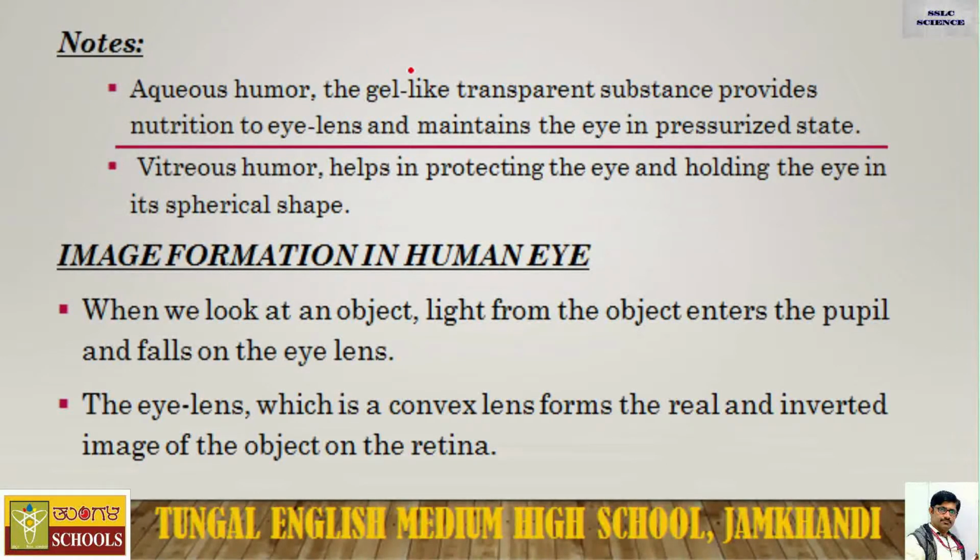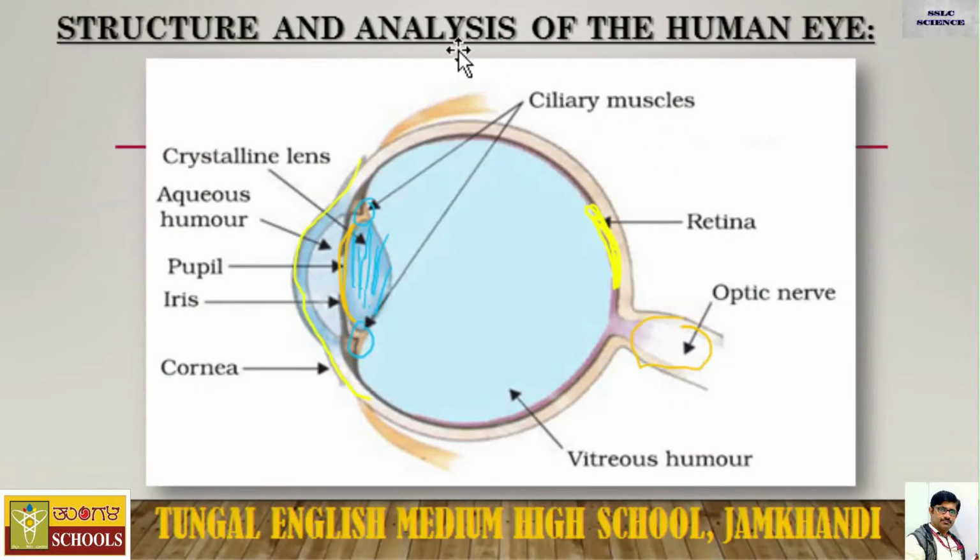It's a gel-like transparent substance, providing nutrition to the eye lens as well as maintaining the eye in a pressurized state. It helps the eye to maintain the pressure, and it gives nutrition to the eye lens and some other parts of the eye too. So here it is, the aqueous humor.